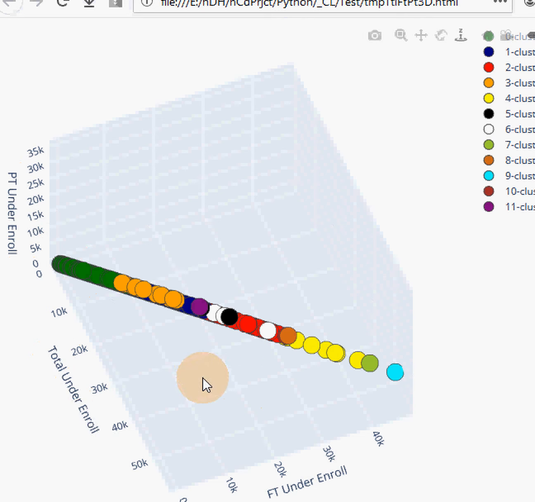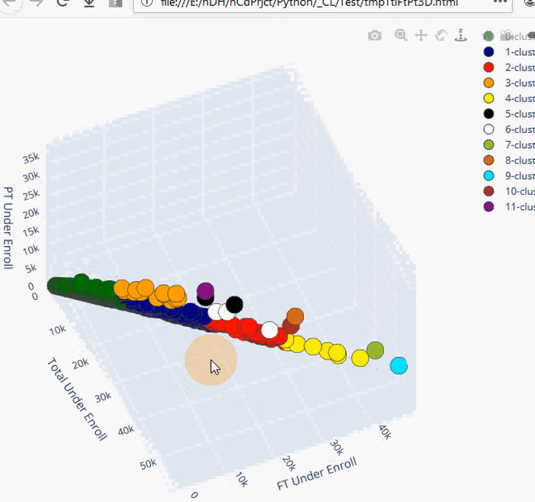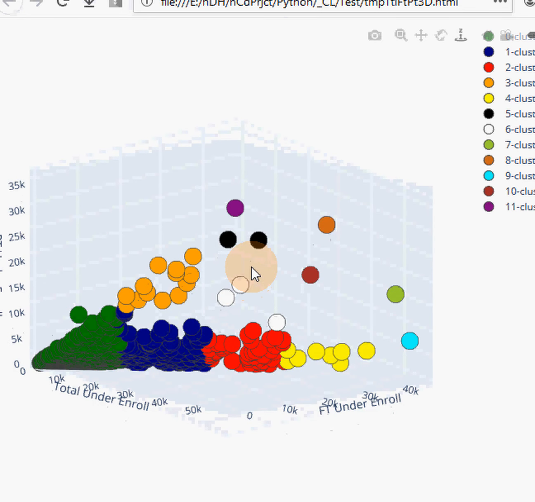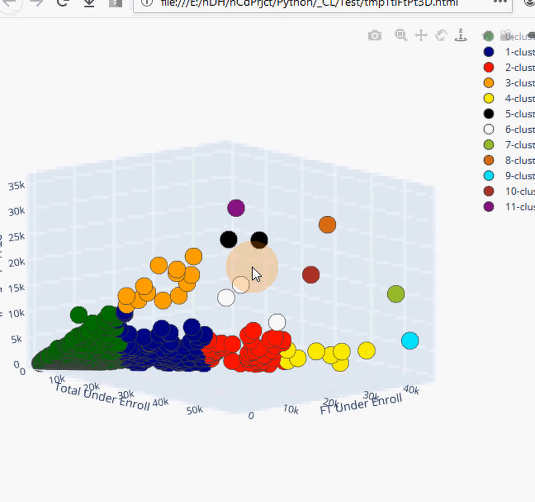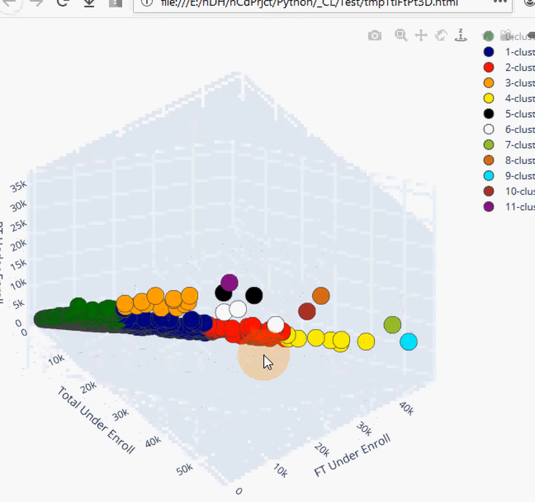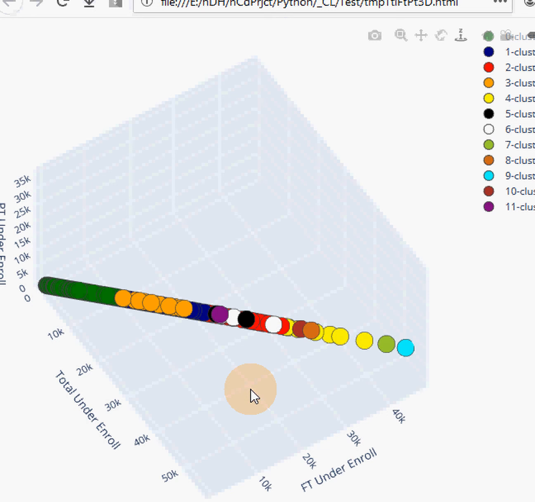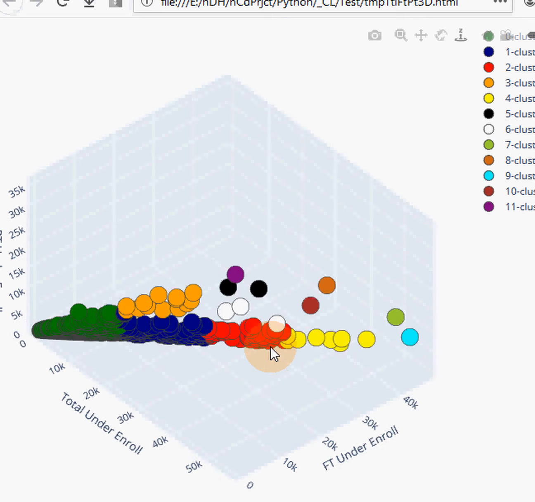If you write an algebraic equation, full-time plus part-time equals the total, and you draw that, the equation will basically determine a plane in the three-dimensional world. That's why all these points lie on a plane inside a three-dimensional drawing.